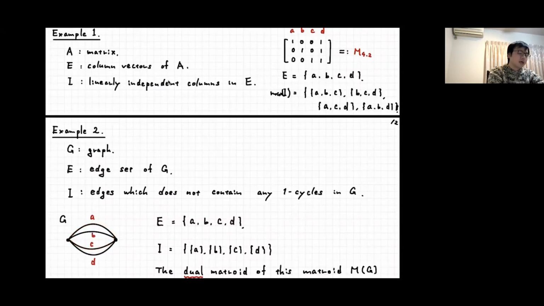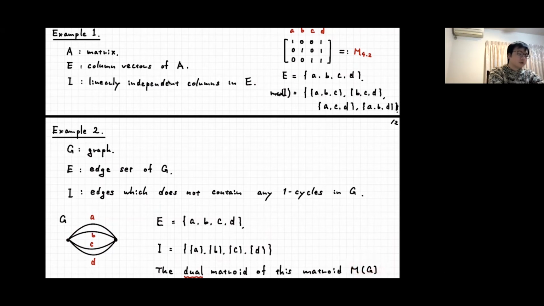It means that as E, we consider all of the edge set of capital G, but for capital I, we can just choose one of the edges appearing here. We cannot take any 2 edges appearing in capital G. So we obtain A, B, C, D. In this way, we obtain a certain matroid, capital M_G.